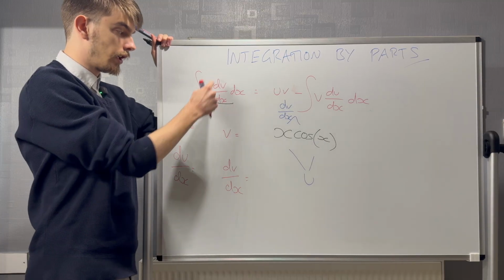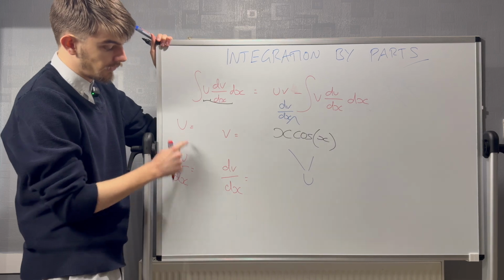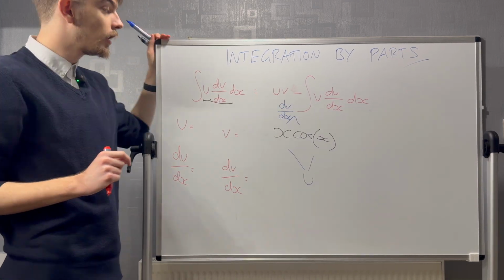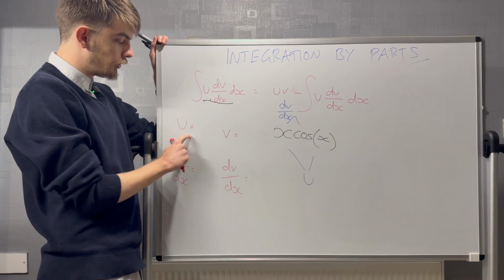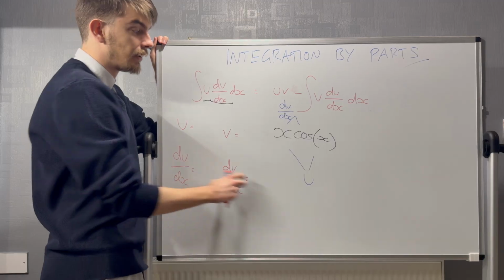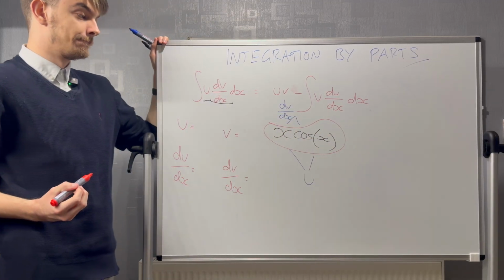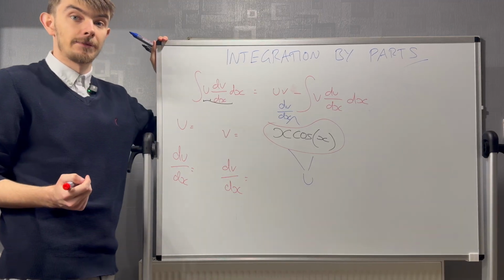I've got a u, a dv by dx, a v, and a du by dx. These are the four things that need to get popped into this equation up here. Now, I know it is these two, the u and the dv by dx, that exist inside my function here.